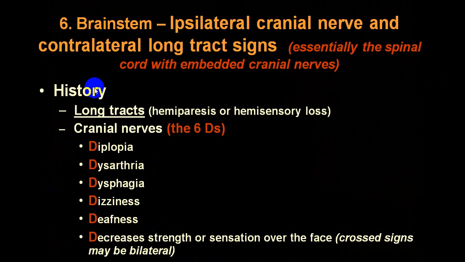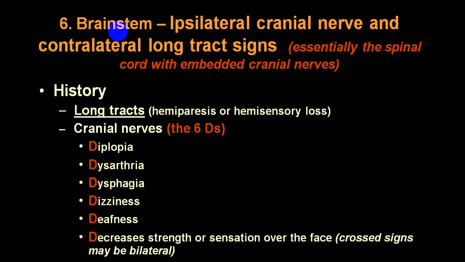Now in brainstem damage, it is very peculiar. On the side of the damage we get a lower motor neuron type of cranial nerve palsy, and we get involvement of the corticospinal tract, which crosses to the opposite side in the lower part of the medulla. Hence we get opposite side corticospinal findings in the form of hemiplegia.